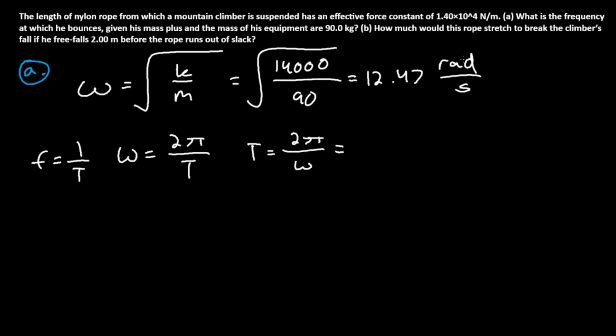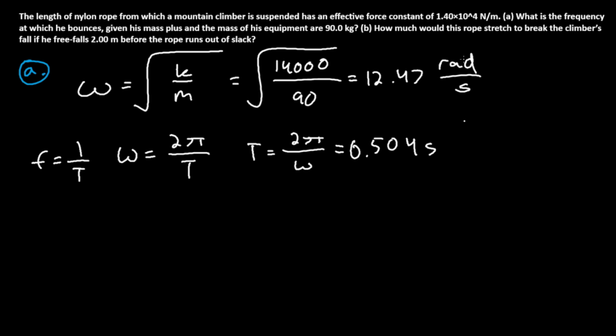So if we divide 2 pi by our angular frequency, 12.47, we should get a period of 0.504 seconds.